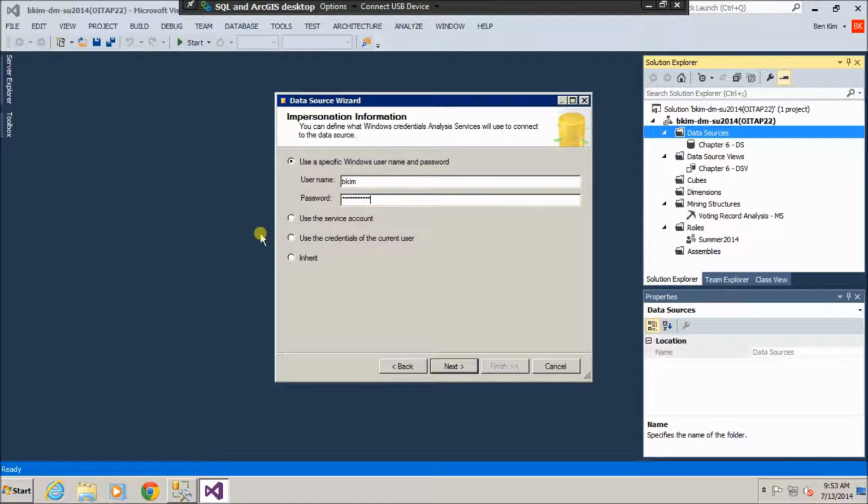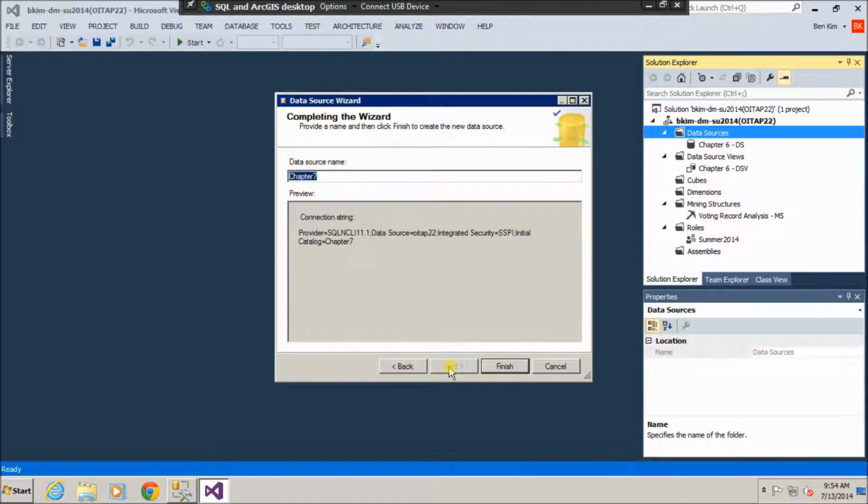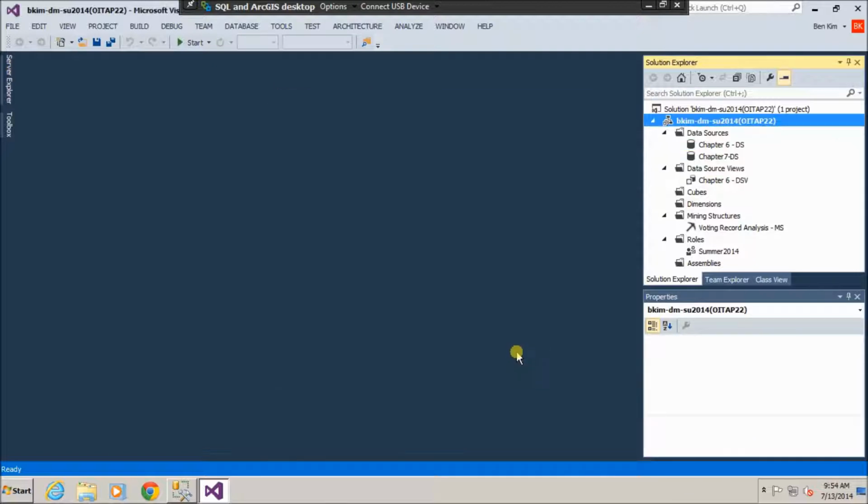This is the same username and password you used to log on to the university network. And let's give it a good name. How about DS, data source? Now we have created a data source to access the database.